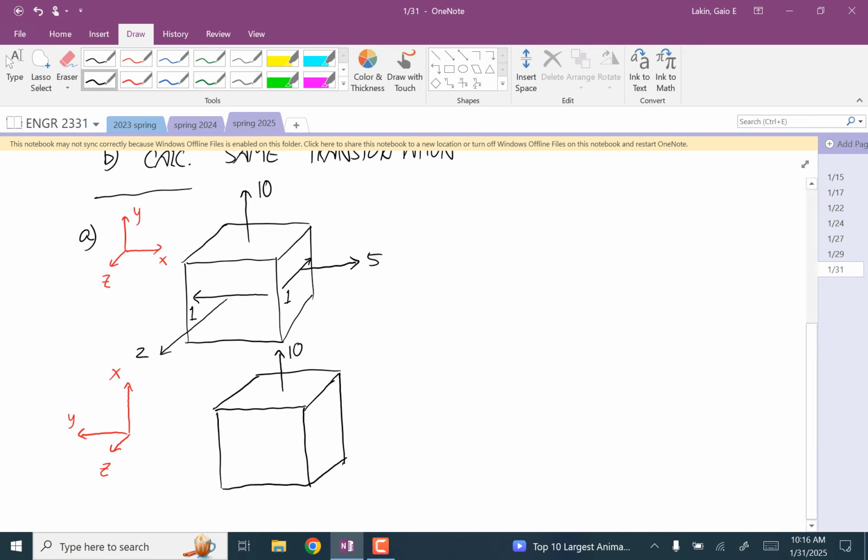There's a 10 going this way, a 5 going this way, a 1 going this way, a 1 going this way, a 2 going this way. Okay? For it to be the same state of stress, if the faces are all aligned the same, it has to look the same. Okay? The difference is now these have different names.